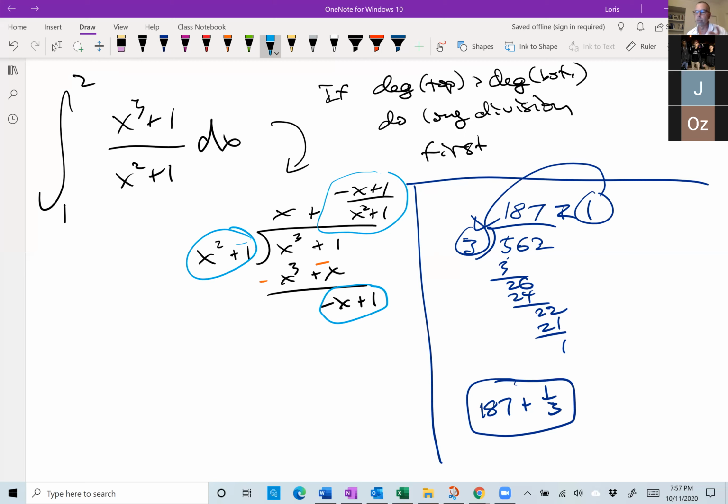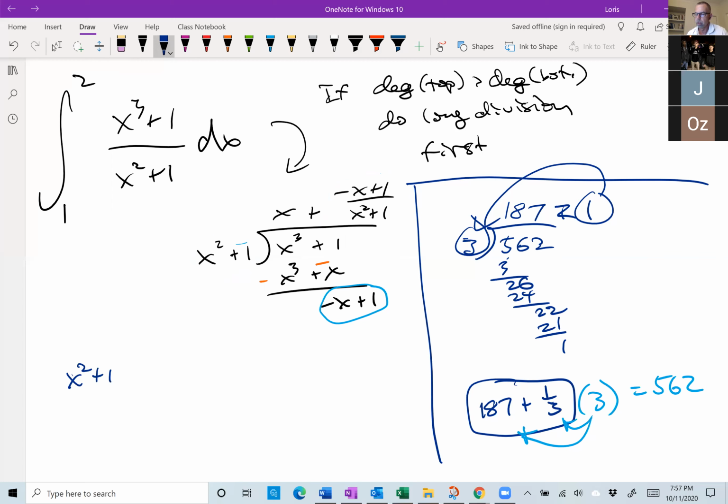So in other words, 3 times this would give me 562. The same idea goes with this here. x squared plus 1 times x plus negative x plus 1 over x squared plus 1 would give me x cubed plus 1.